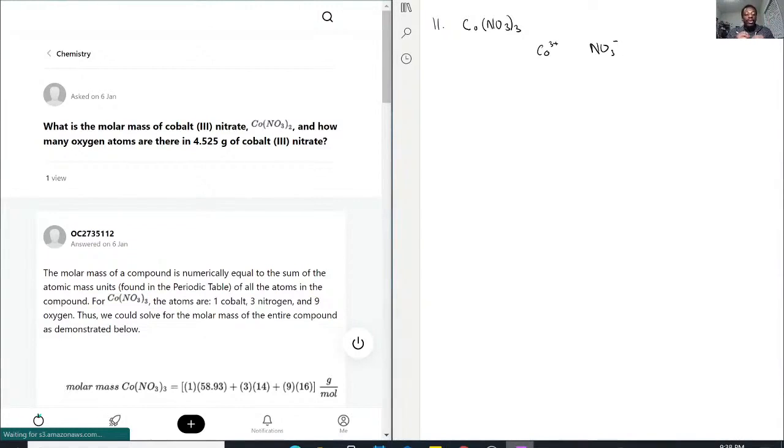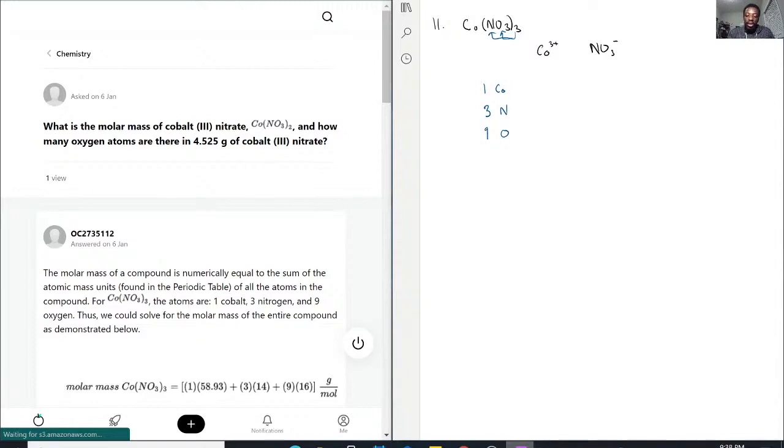So we want to find out first the molar mass of cobalt-3 nitrate. So we want to add the constituents. We have 1 cobalt, and now we're going to multiply 3 into each part there. So we have 3 nitrogen, and we have 9 whole oxygen.